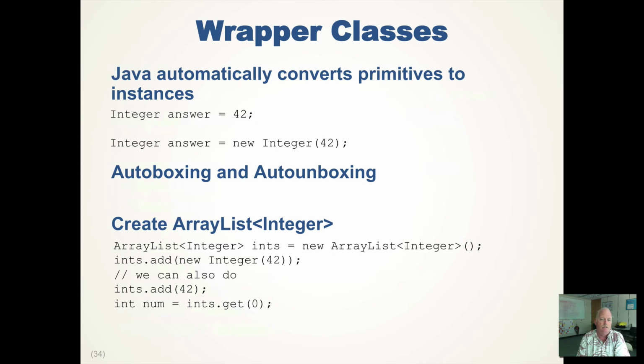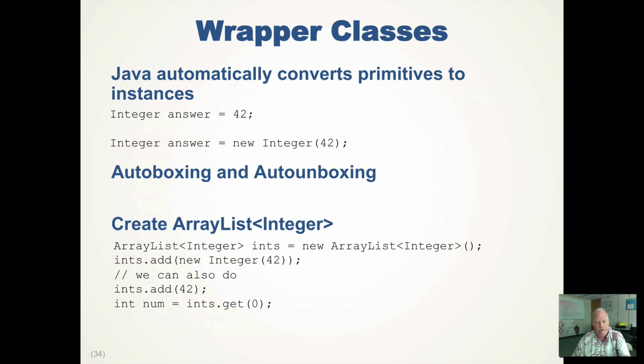The other thing is that Java automatically converts primitives into instances. So when you write Integer answer equals 42, 42 is actually an int, a primitive, but what Java sees is Integer answer equals new Integer 42, so it actually constructs an instance of Integer with the value 42. This is called auto-boxing. There's also auto-unboxing. Here we have an ArrayList of Integer, ints equals new ArrayList.